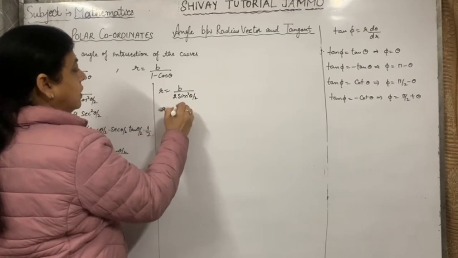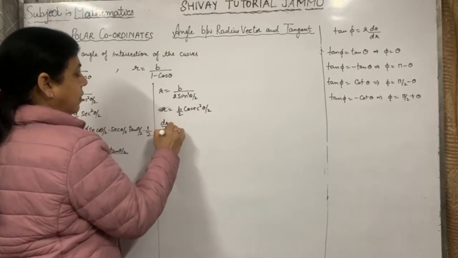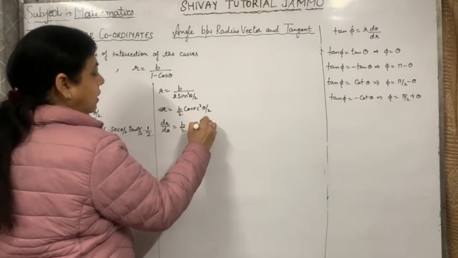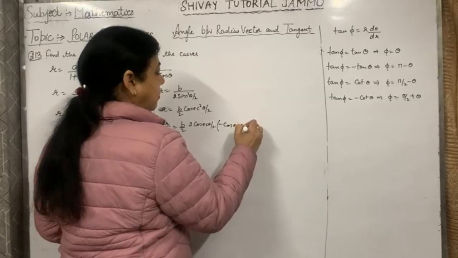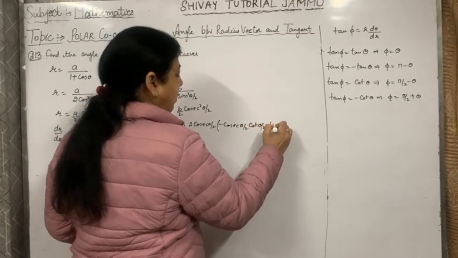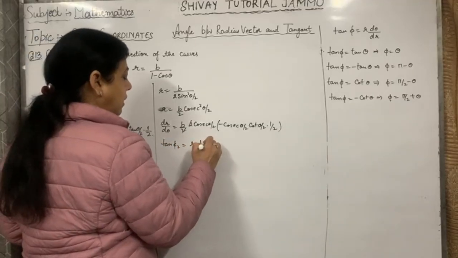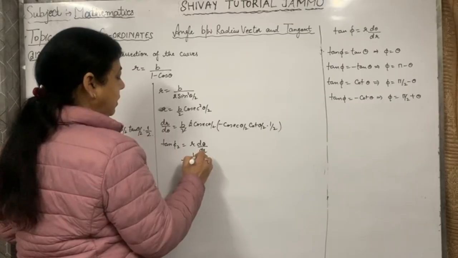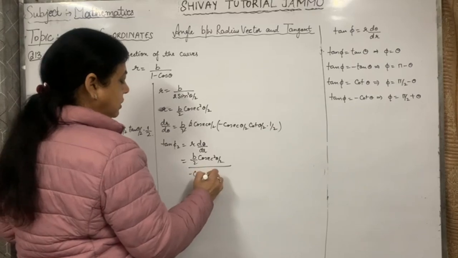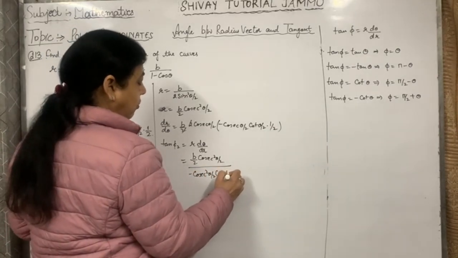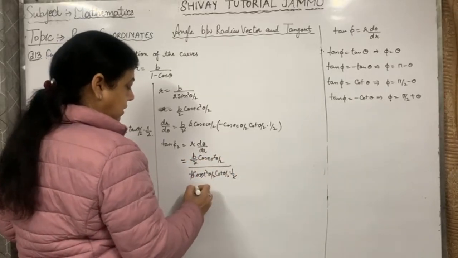Next, r is b twice sin² θ/2, r is b/2 cosec² θ/2. dr/dθ is b/2 cosec θ/2, and the differentiation of cosec θ/2 is minus cosec θ/2 cot θ/2 into 1/2. Tan φ2 is r dθ/dr, which will be b/2 cosec² θ/2 upon minus cosec² θ/2 cot θ/2 into 1/2 with b. b cancels, 2 cancels, cosec² cancels.